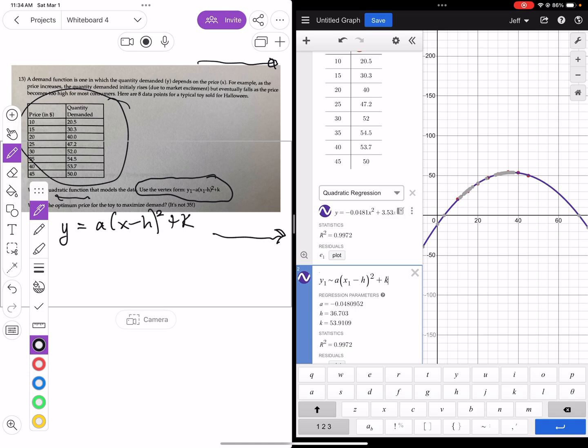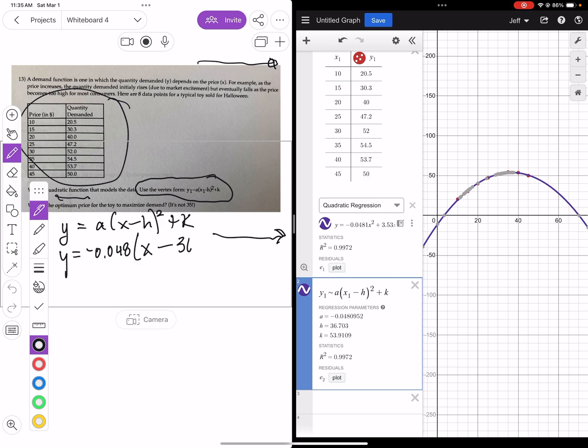This is my general form for the vertex form of a quadratic function, and I can just plug in those a, h, and k values. So y equals a is negative 0.048, bracket x minus h is 36.7, we'll round it to, squared.